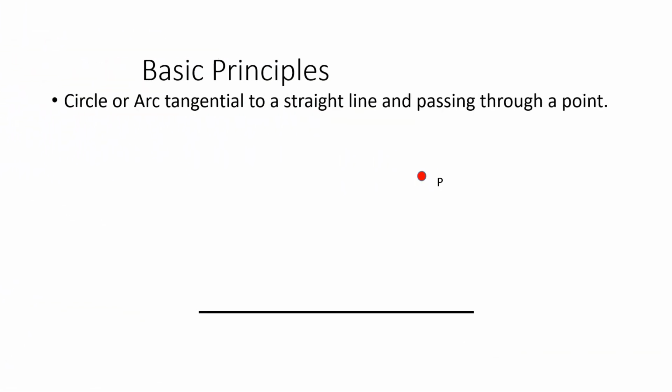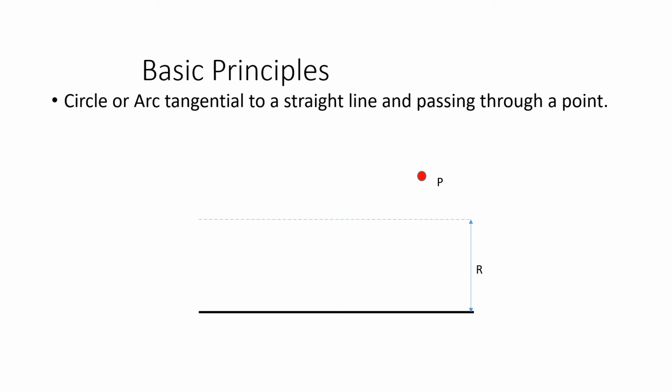So here we have a line and a point. So we are drawing a circle or arc tangential to the line and passing through the point. So we learned before that if we want the circle to touch the line, we must offset the radius. So anywhere along that line, and we draw a circle, it's going to be tangential to our line.